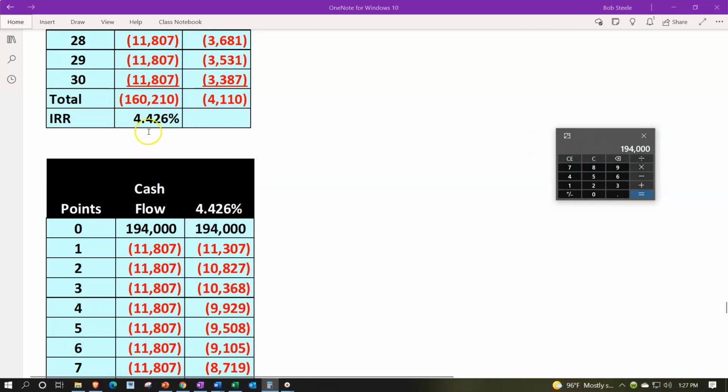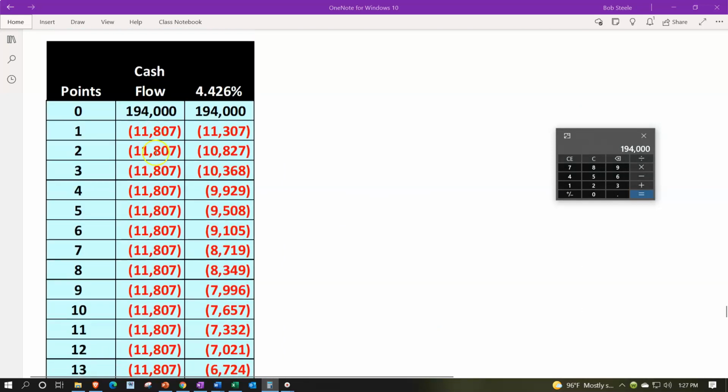In other words, if I took this 4.426 and I did the same flow, meaning the 194,000 out, net inflow up front, and then I discounted the 11,807. These are the payments that would be made on a yearly basis, even though they're made monthly, but summing up the 12 payments on a yearly basis after paying the points, discounted each one back, not by the 4.25, but rather by the 4.426.